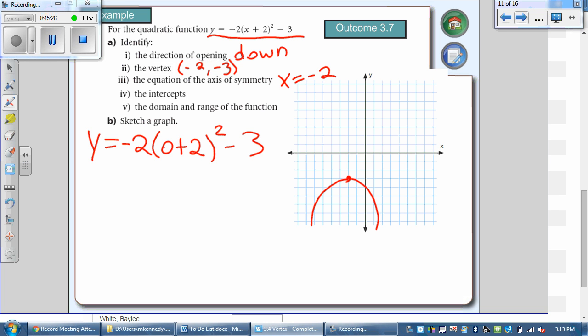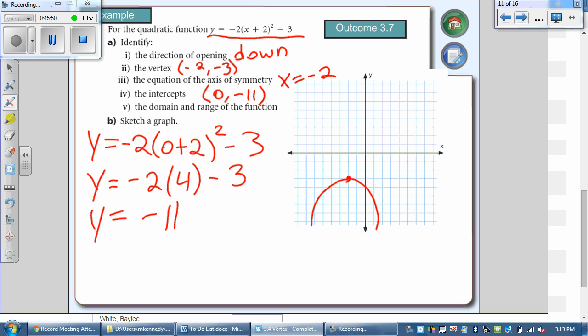But remember, don't just put negative 11. That's not your y-intercept. Your y-intercept is at 0, comma, negative 11. If you put y equals negative 11, you're not getting a mark for that.